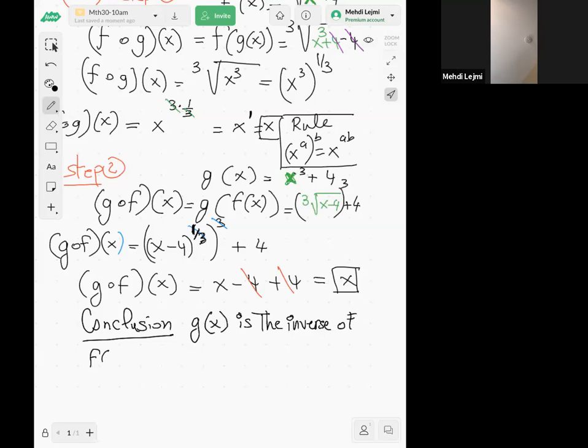So g of x is f to the power -1 of x. Yeah. So this is for number 2.